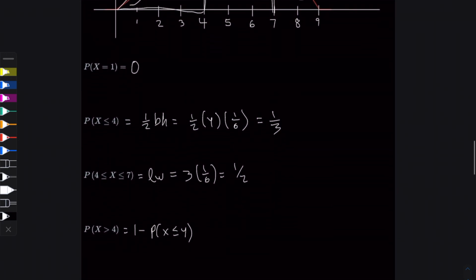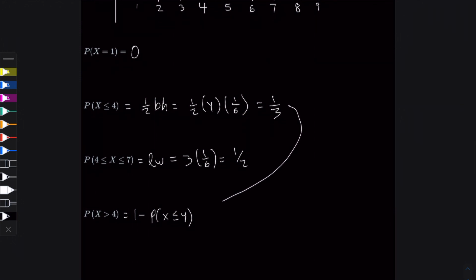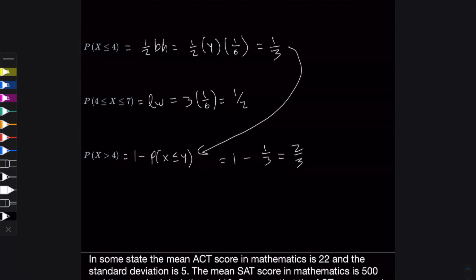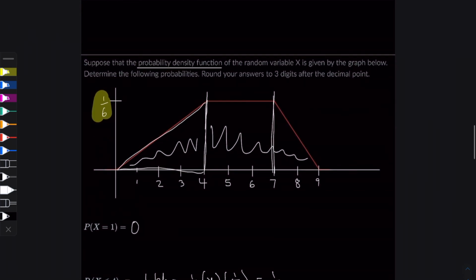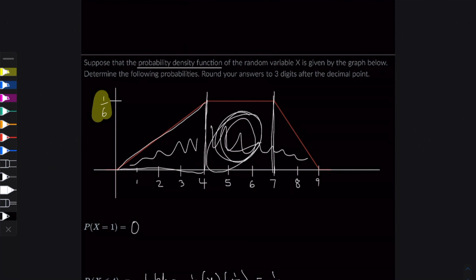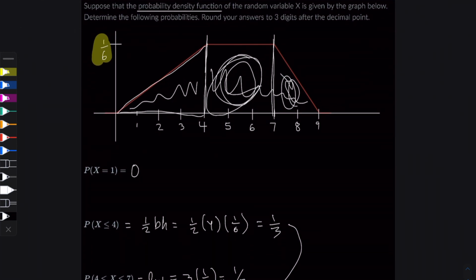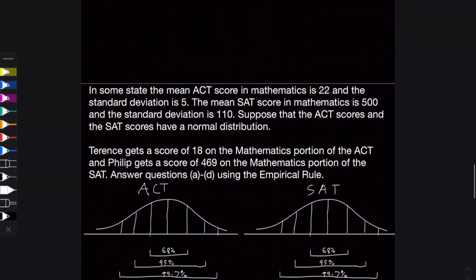So 1 minus 1/3 is just going to be 2/3. So that's the easiest way to do that problem. You could calculate the area of this rectangle and then this triangle and add them together, but I find it easier to just go ahead and use the complement rule.